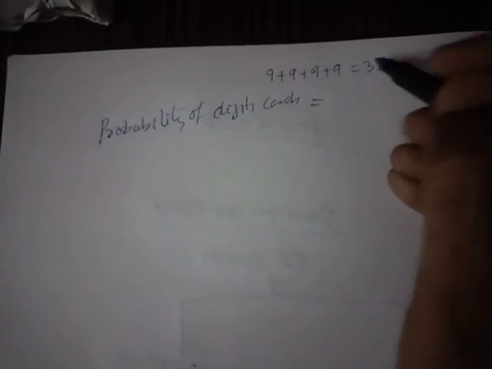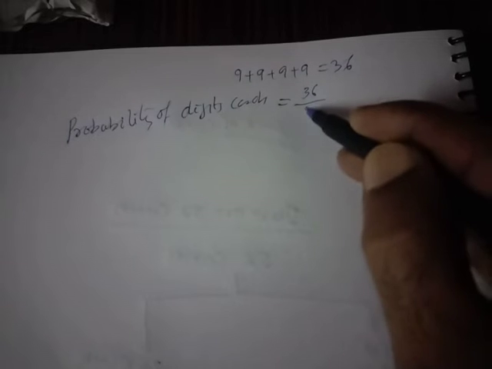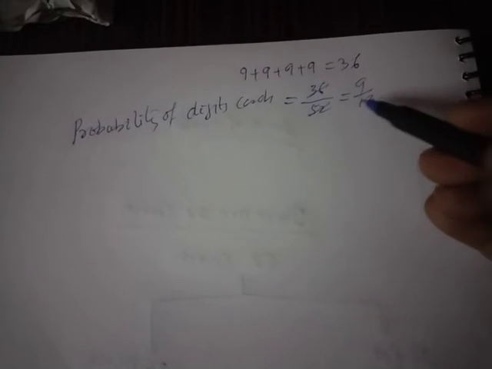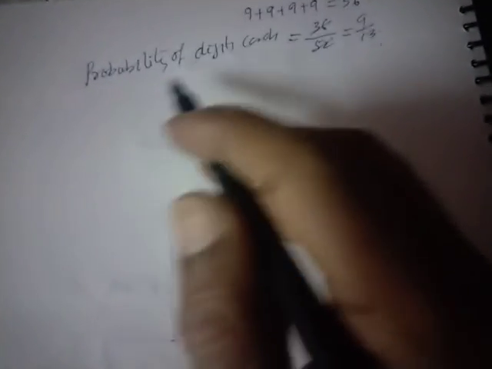Total digit cards are 36. So the probability of a digit card is 36 upon 52. You can divide. Okay. This is the probability of only digit cards out of 52. Now separately you can find out if questions are asked. So according to the criteria of the question you can give the answer. Okay.